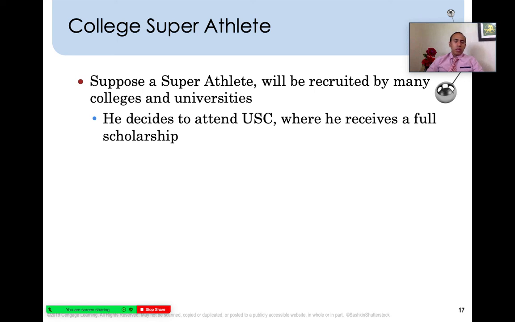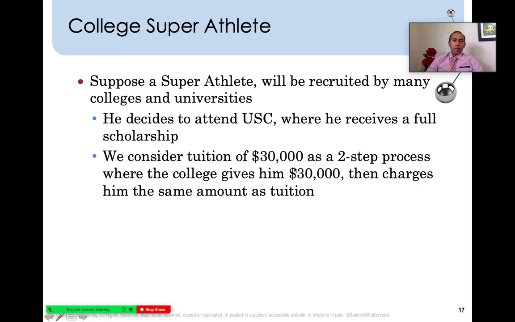So let's say that he chooses USC, where he receives a full scholarship, and so on. And we consider the tuition. This point is $30,000, and it's a two-step process. The college is going to give him $30,000 as a scholarship, and it's going to charge him the same amount of tuition.